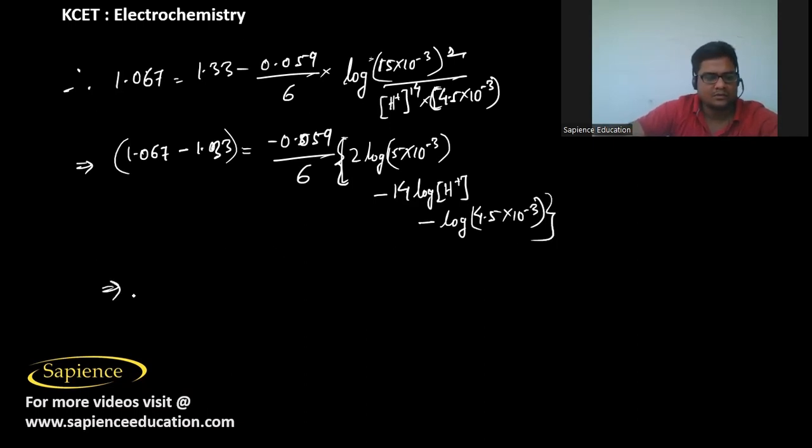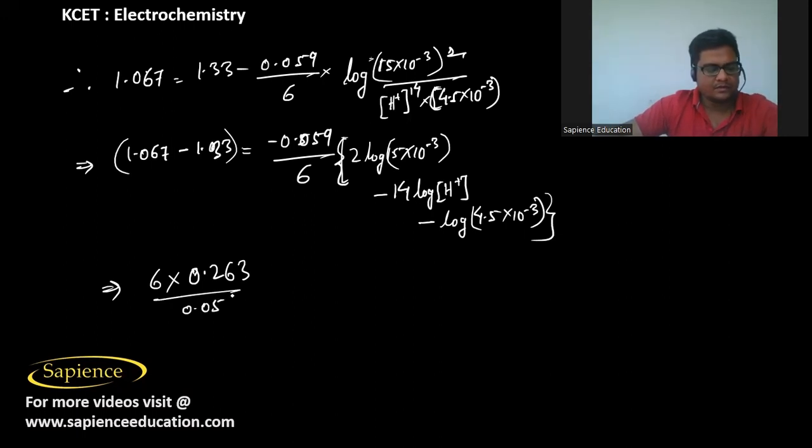So this will be 6 into 0.263, sorry, 2.263 by 0.059, that is equal to 2 into log of 15 into 10 power minus 3.